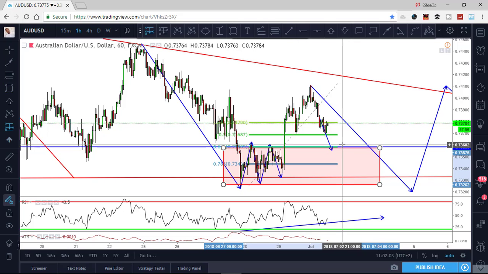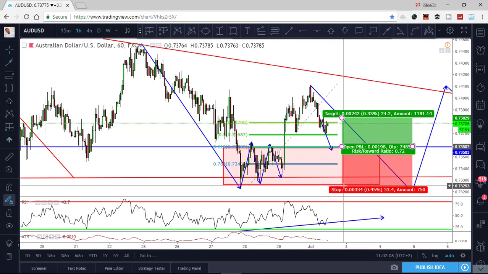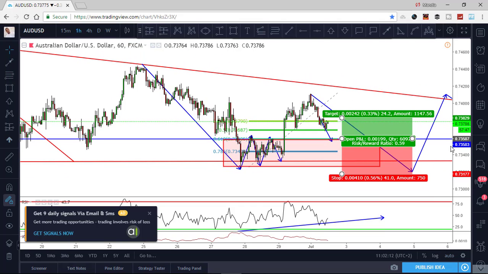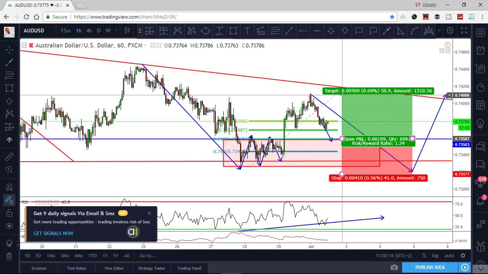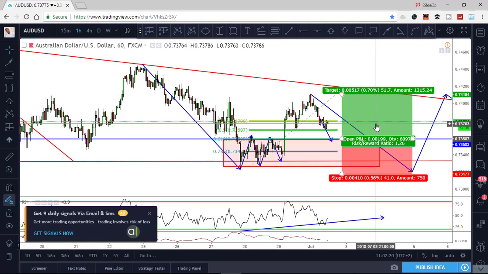Okay, then our potential position would look something like this, probably a 40 pip risk on this one, and a potential 50 pip reward on this one. A 1:1 risk to reward. It's not bad, it's not that bad, but I would advise you to be cautious and look for extra confirmation on this type of trade before entering into this one.